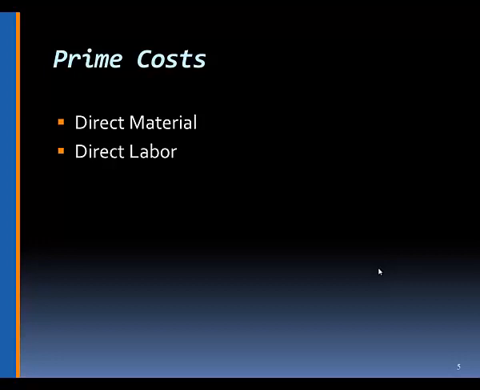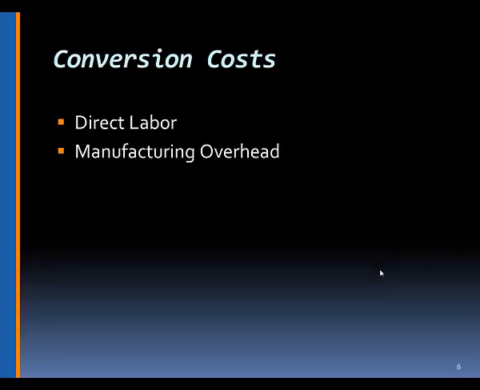Prime cost consists of direct materials and direct labor. So if in your readings or in your homework problems you run across a reference to prime costs, they are talking about direct material and direct labor. Contrast that with conversion cost. Conversion costs are direct labor and manufacturing overhead.